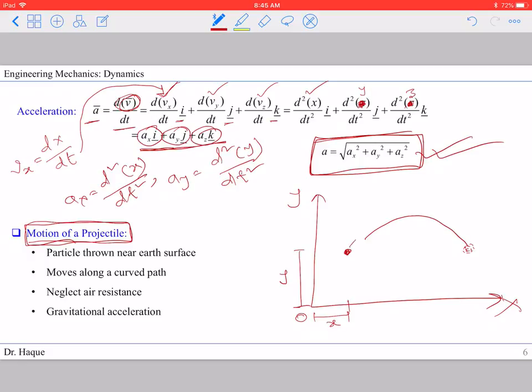So we can assume that the particle was thrown in this direction with the initial velocity u, meaning it's a vector.